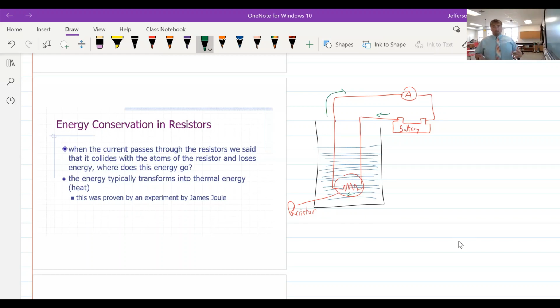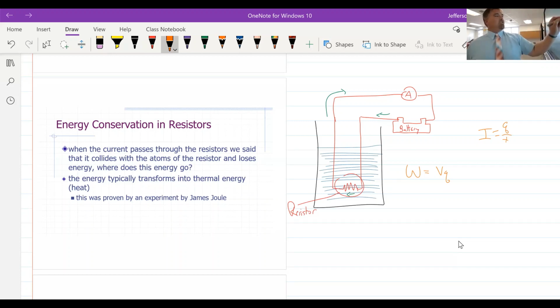And so he was able to determine how much energy was being lost. Now, real quick reminder that the energy is equal to the voltage times the charge. Well, he had no way of measuring the actual charge. So remember also that the current is equal to the charge divided by time.